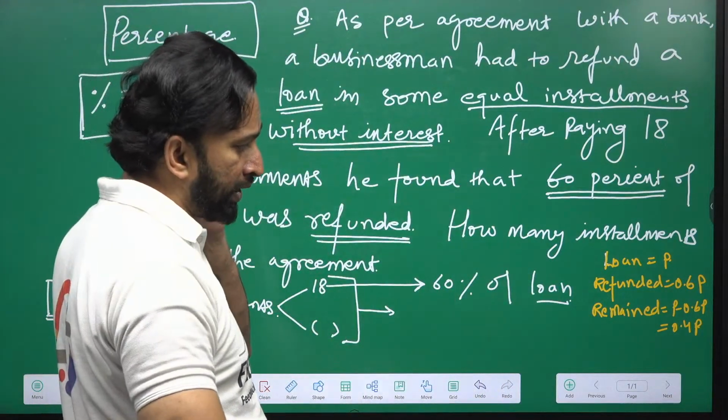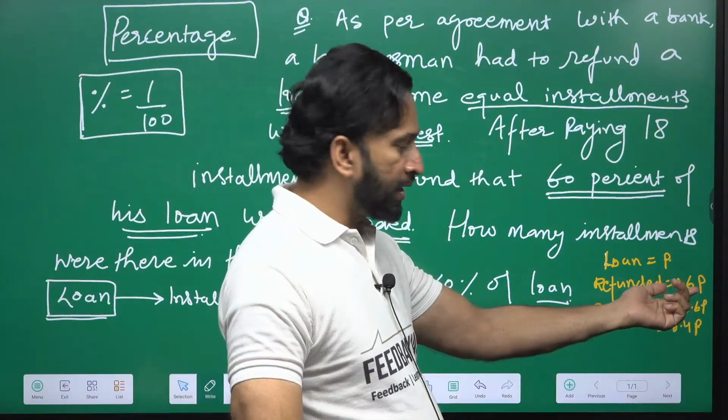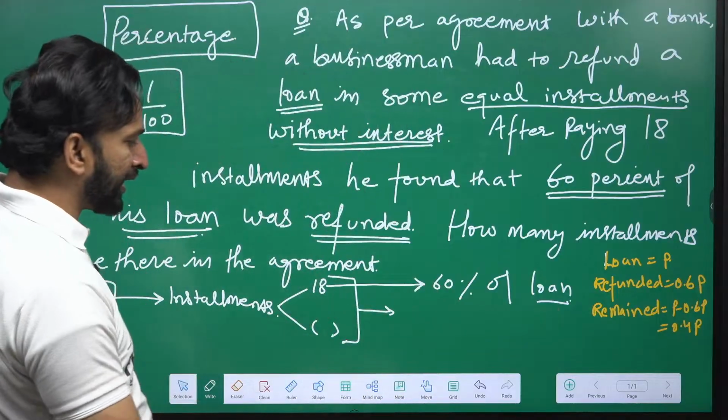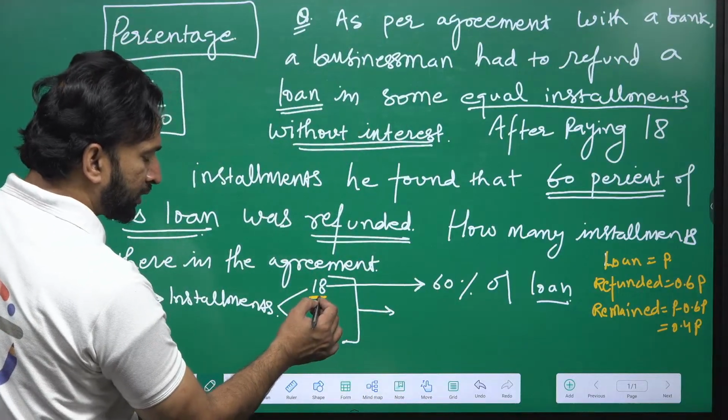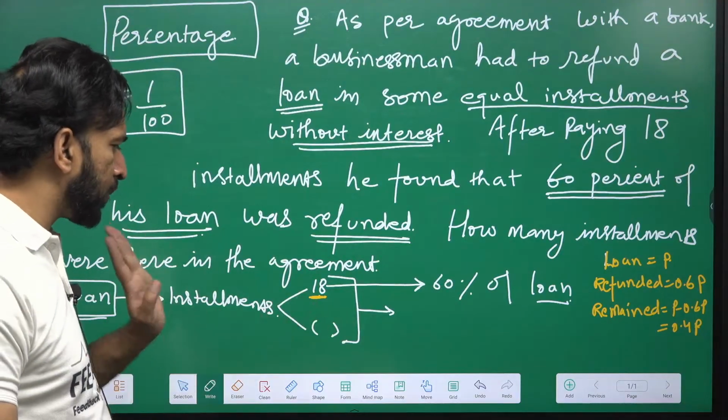Now we know that this amount is refunded, and we know that 18 installments have been given. We don't know the amount per installment.